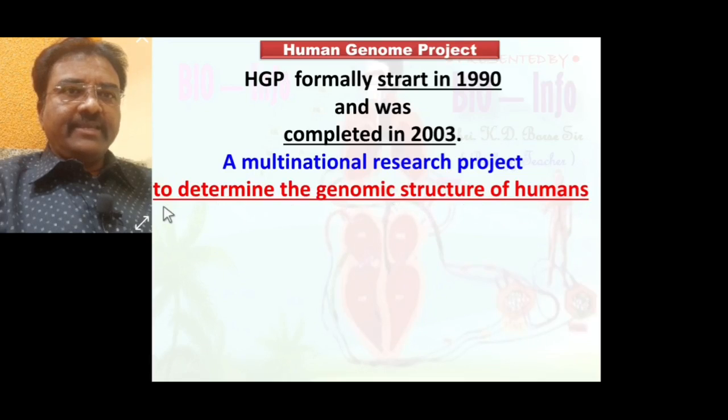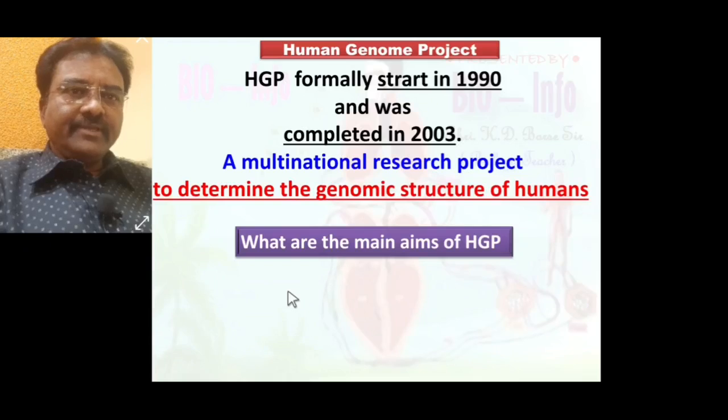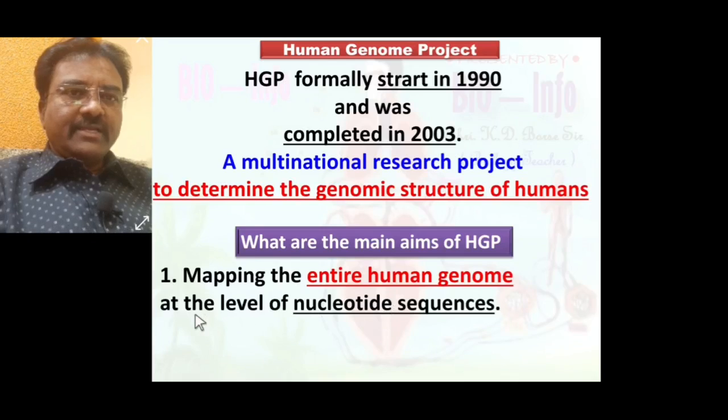What is the main aim of the Human Genome Project? To determine the genomic structure of humans. We learn the main aims of the HGP. Number one, mapping the entire human genome at the level of nucleotide sequences.